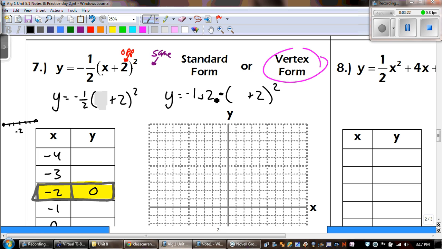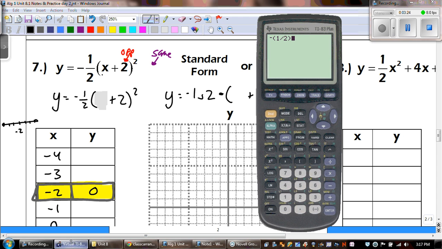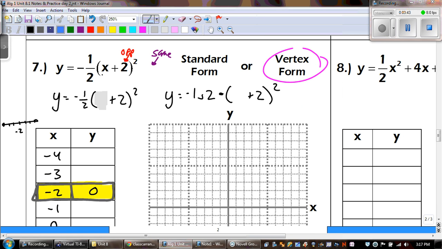When you plug it in the calculator, it's going to look just a little bit different for me. But always make sure you hit the multiplication sign. Okay, so -4 plus 2, and then squared. What do you guys get? I got -2. So -4, -2.